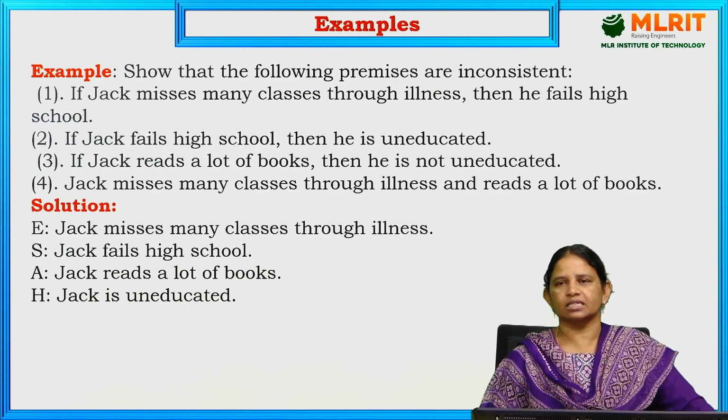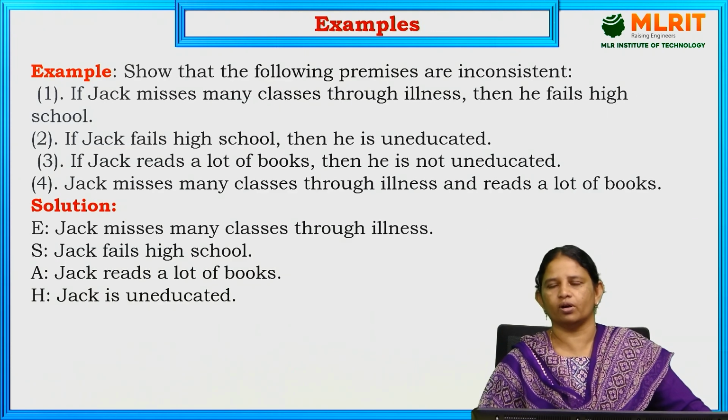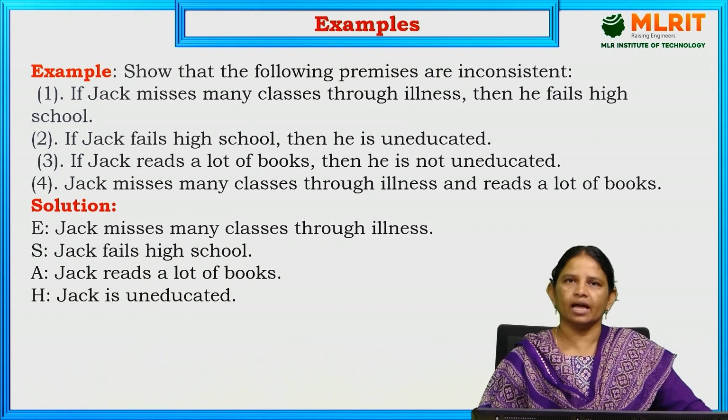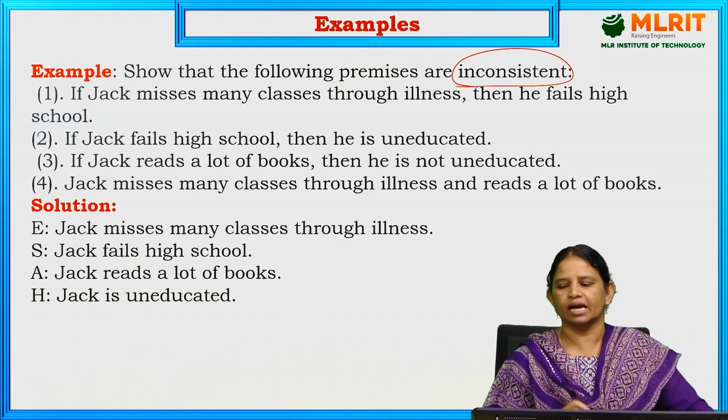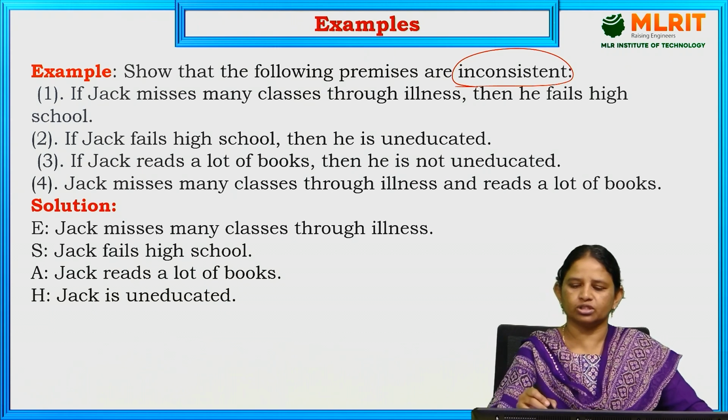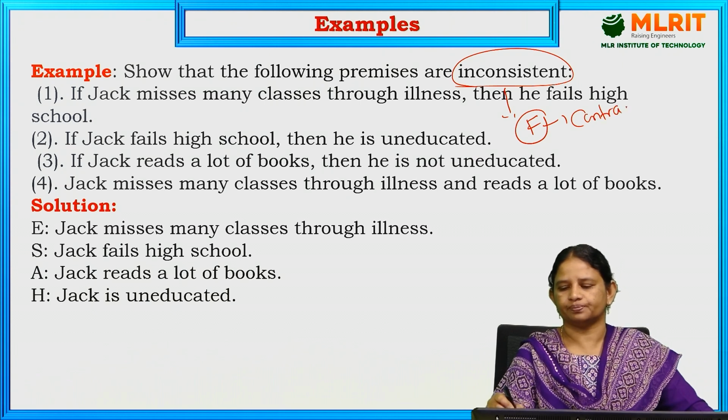So, we can understand the consistency of premises by taking an example. Show that the following premises are inconsistent. Inconsistent means the conclusion is false or the conclusion is a contradiction.